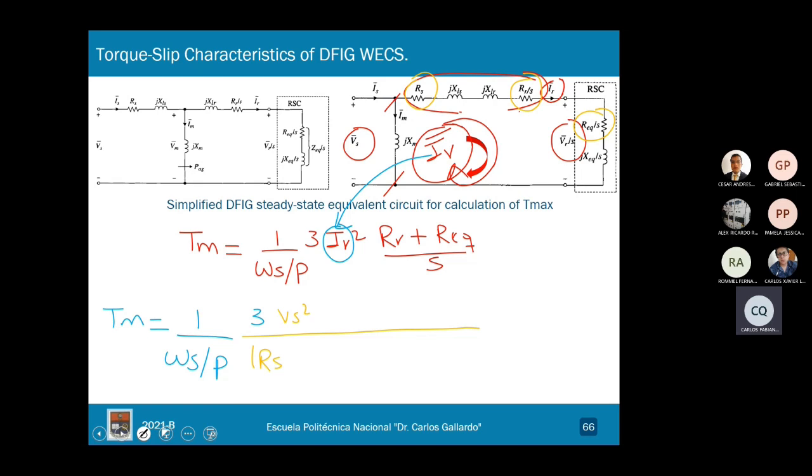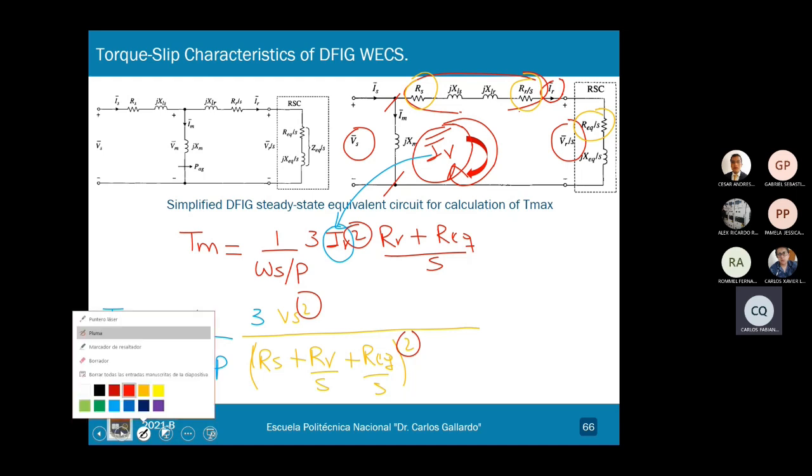So I will have the stator resistance plus the rotor resistance over the slip plus the equivalent resistance over the slip, all squared. What is the reason for the square? Because this is a square. This is for the resistance.